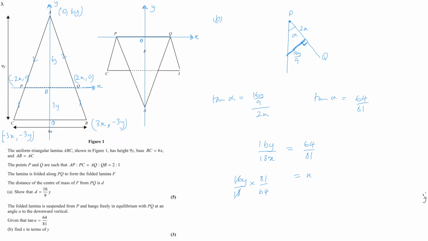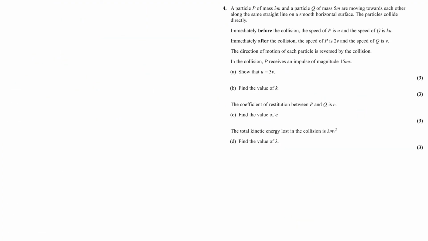So cancelling these two, that's going to give me 8 and 9. 9 cancels with that, gives me 9. 8 cancels with that, gives me 8. So x is 9 over 8 y. Of course, you could just put that in your calculator. Okay, and that's part B. Part B, very, very straightforward there. But again, let me know about how you did part A.